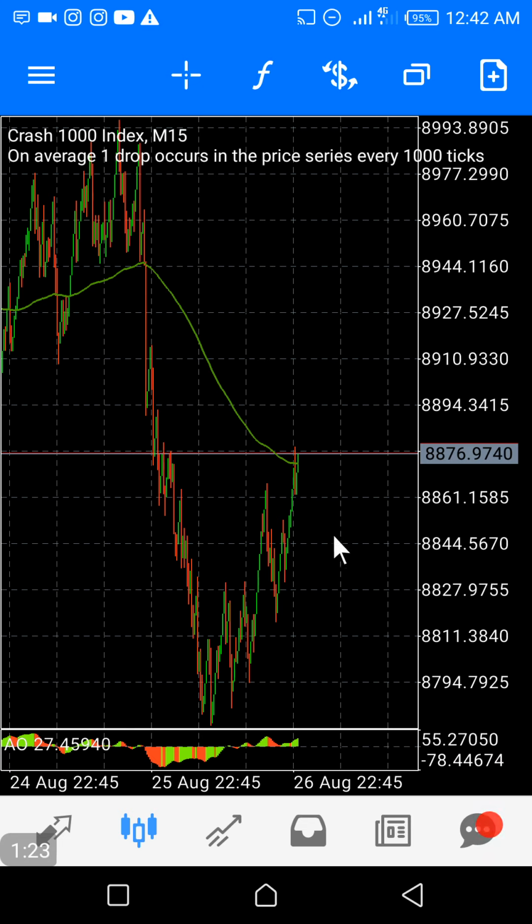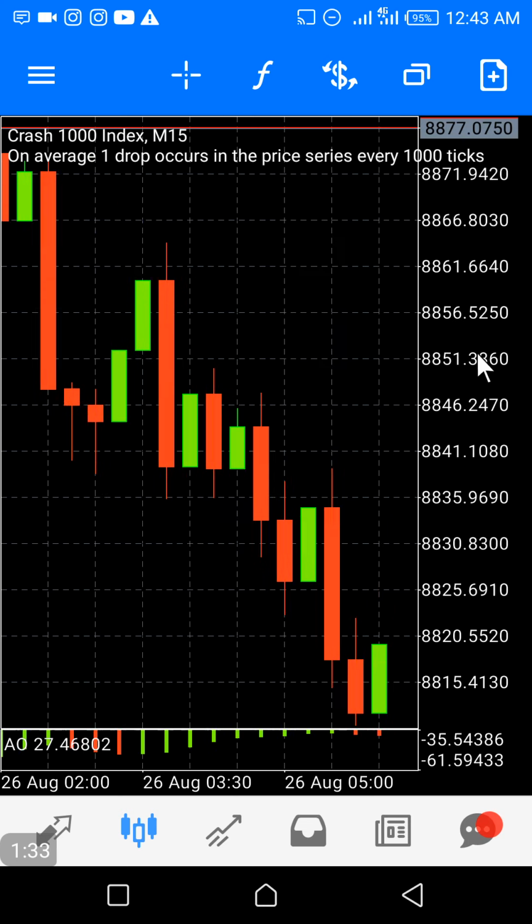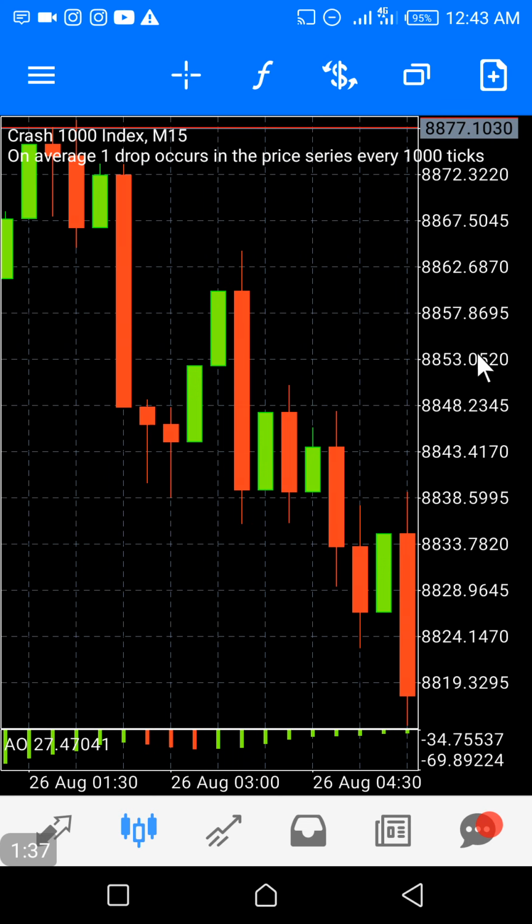Look at the way it is now. You can see from here it looks as if you are seeing lines and lines. However, when you zoom in, let me zoom in for you to see. So you see, when you zoom in, you see different kinds of candlesticks. Take for example, look at this. This is a candlestick, another candlestick, another candlestick.